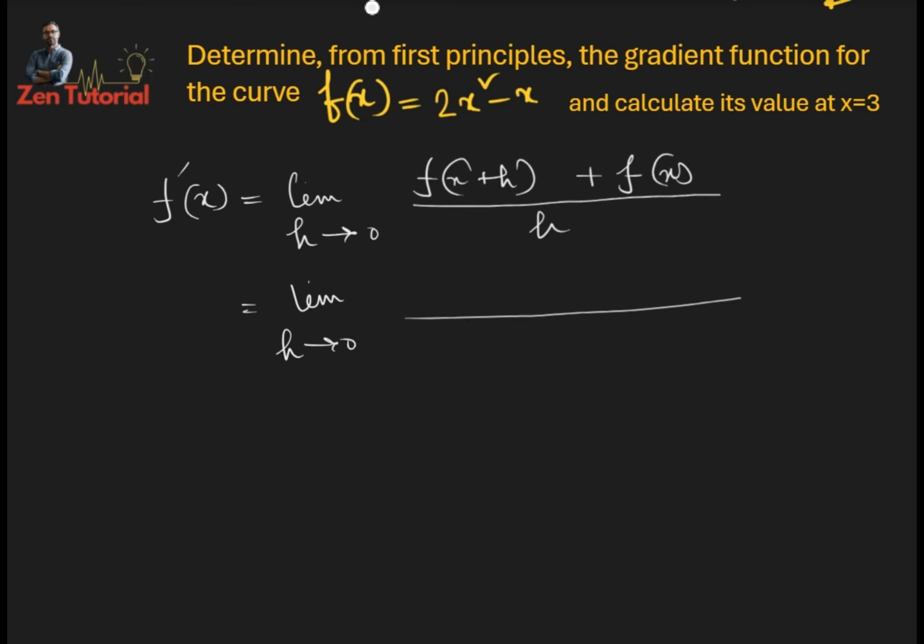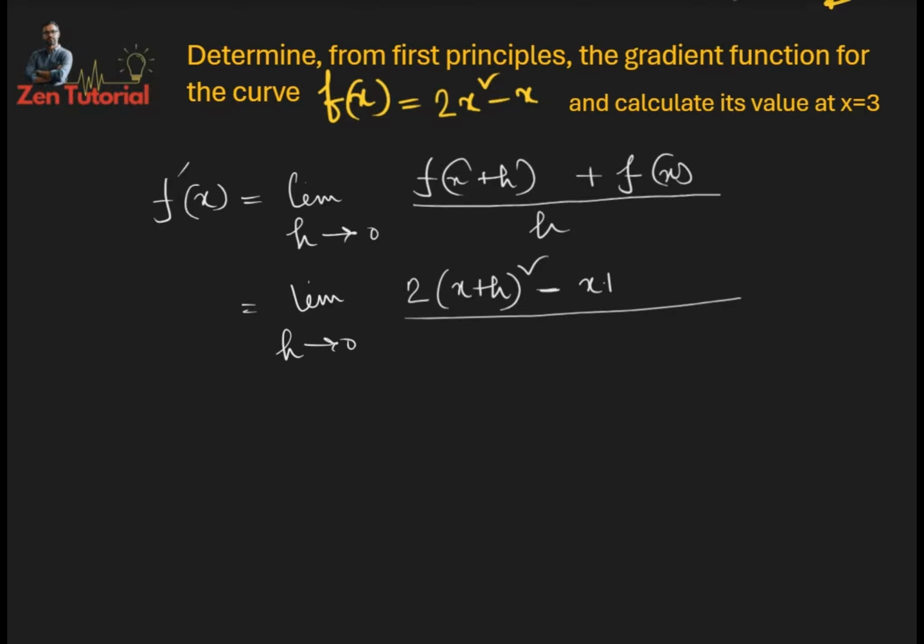So this will be 2 times x plus h whole square, and minus the value of x plus h instead of this x.